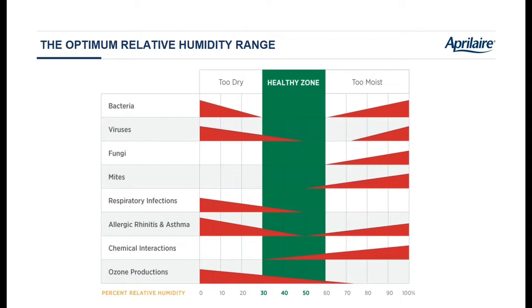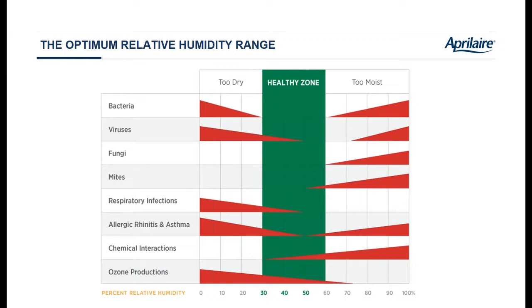I want to just take a couple seconds and make sure everybody understands what this chart is saying. Let's take a look at bacteria and viruses, molds and fungi, and dust mites. Let's just focus on those. You can see if we keep the relative humidity below 60%, so maybe 55%, we're going to eliminate bacteria, viruses, molds, and fungi.